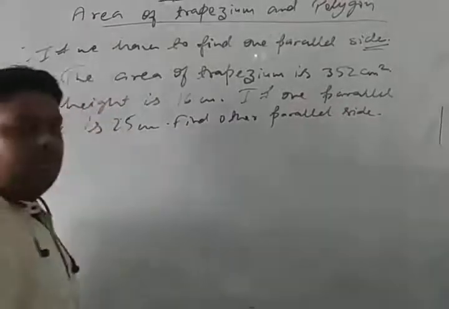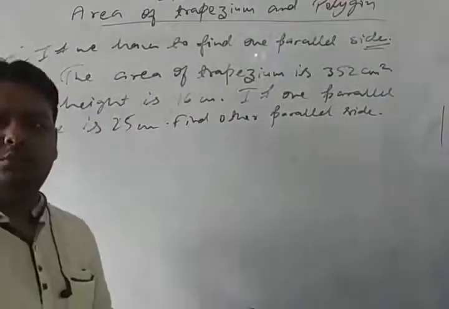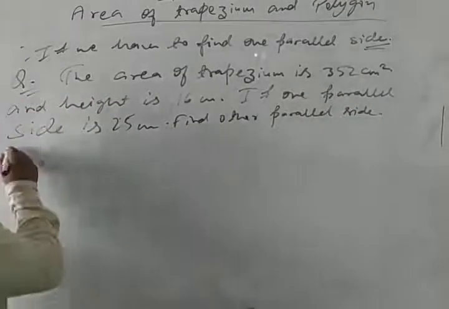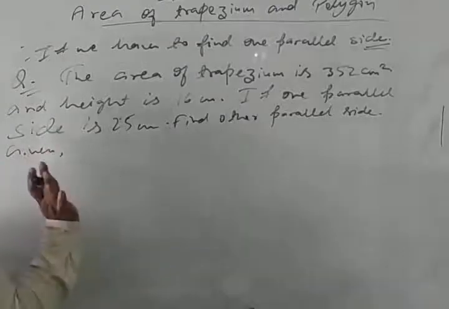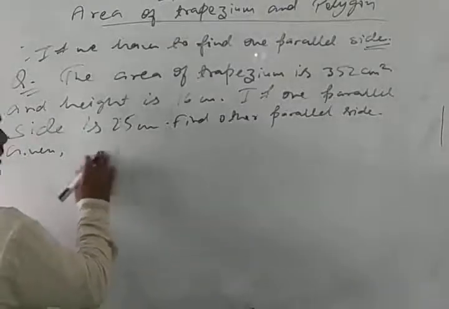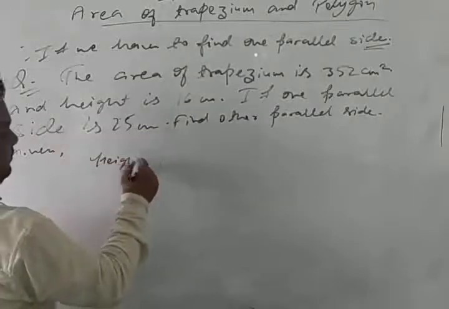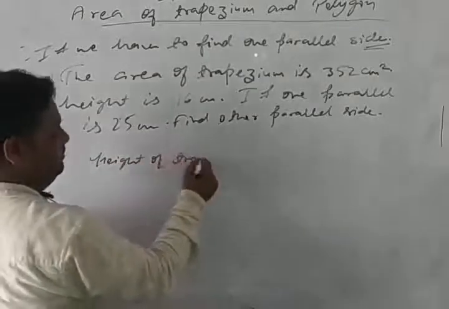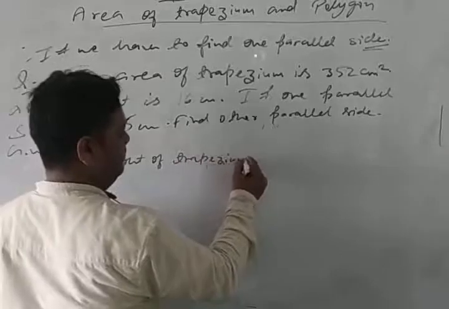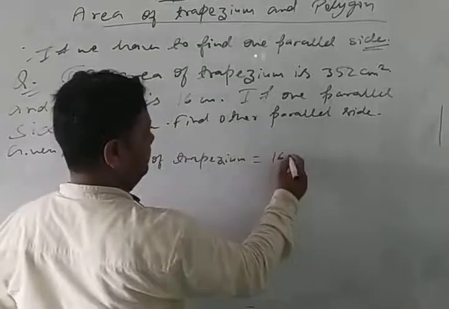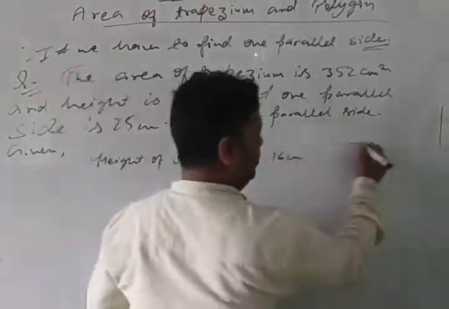In this question, again we will use the same formula, the area of trapezium formula. And first we will write what is given. Given: height of trapezium is equal to 16 centimeter. Now again draw a figure.